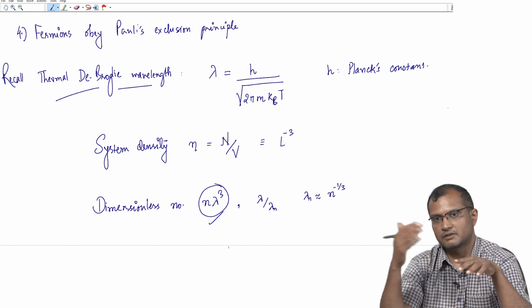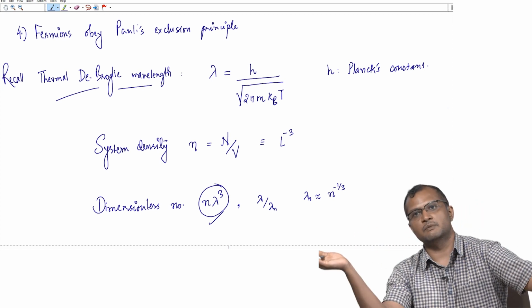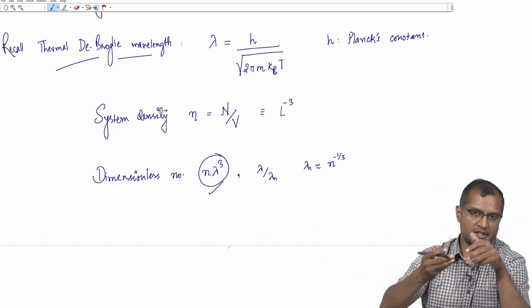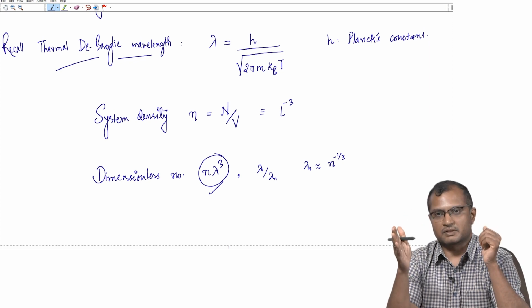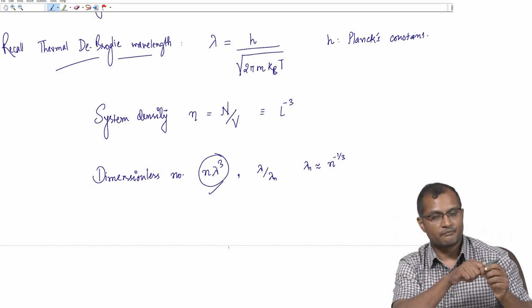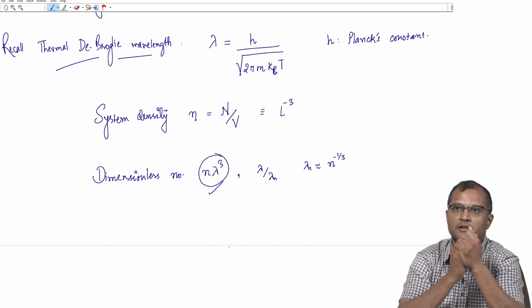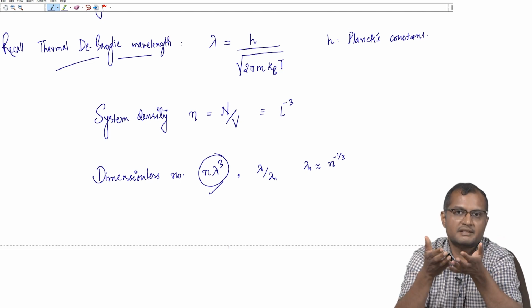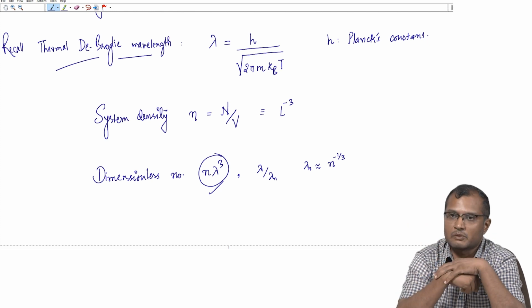So, the wave nature of the particles begins to dominate, it becomes more and more delocalized. So, I know that low temperature is the quantum regime. I also know that for any temperature I can increase my density, thereby making the interparticle separation smaller and smaller in such a way that this separation can be made smaller than the de Broglie wavelength. That is also a quantum limit for my system.